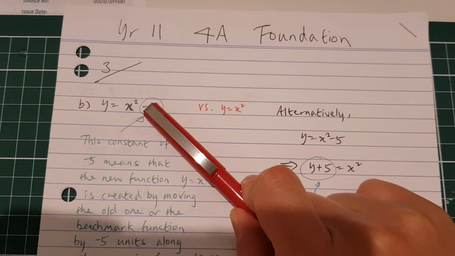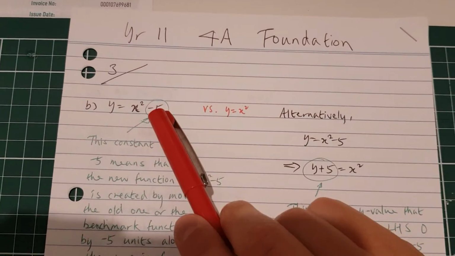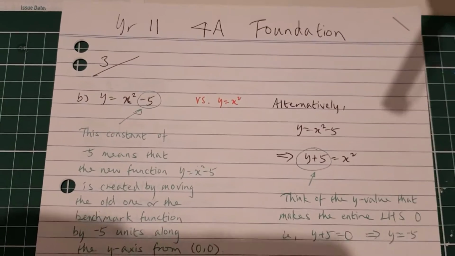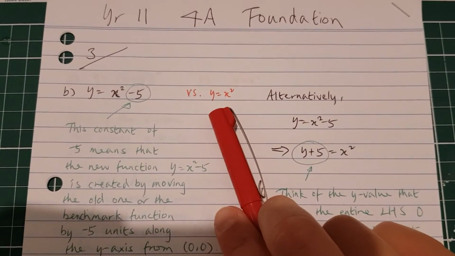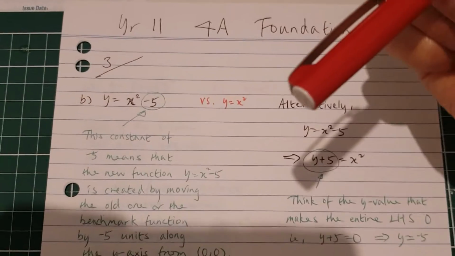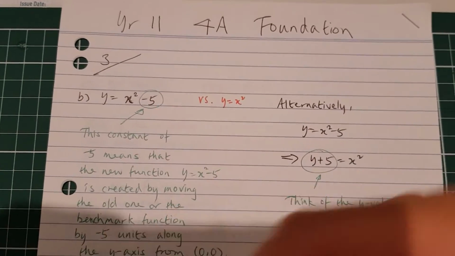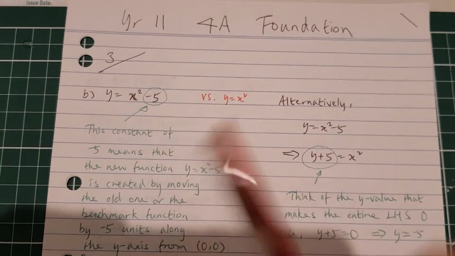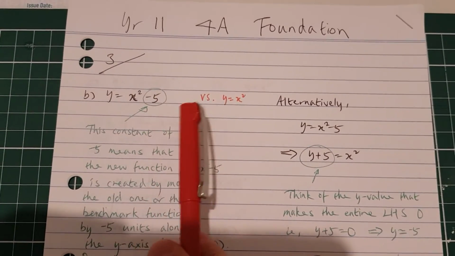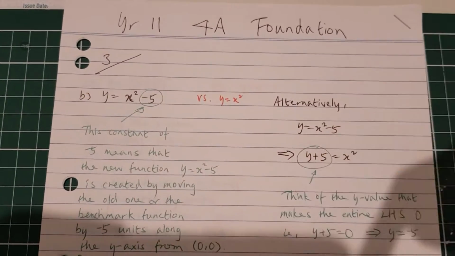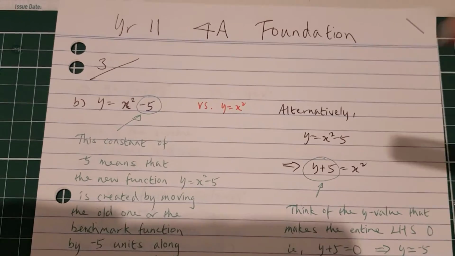The negative means down, a positive constant means up. So in this case, you're dragging the original one by 5 units down vertically along the y-axis.